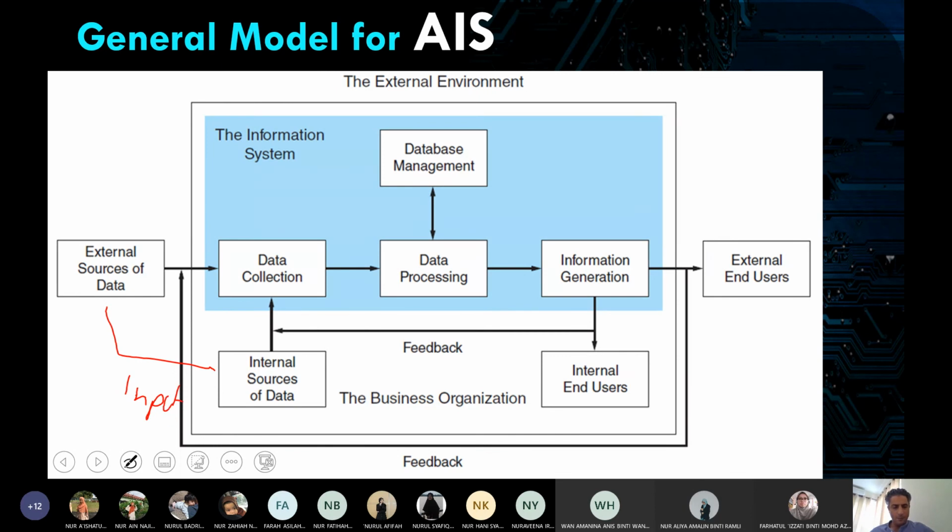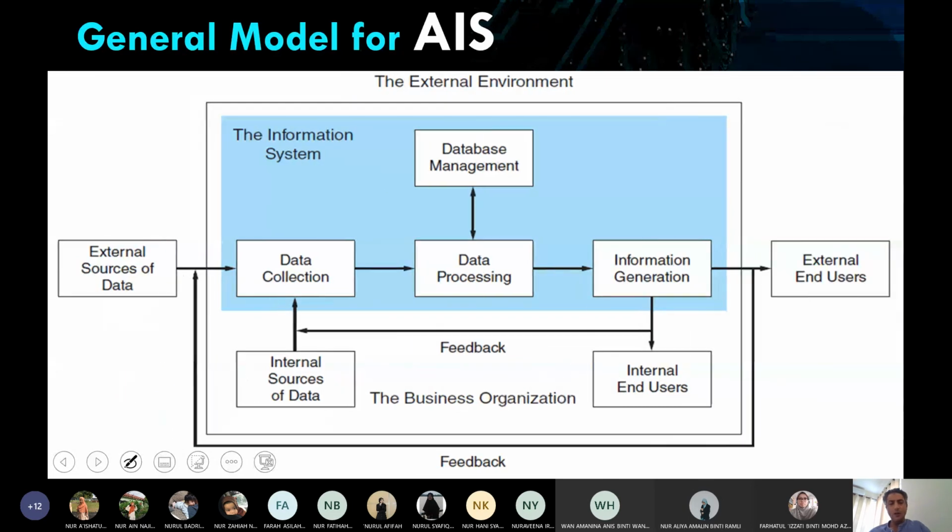The input is either from an internal source or from an external source. The first step of processing is to collect the data. And these are the users, external and internal users.